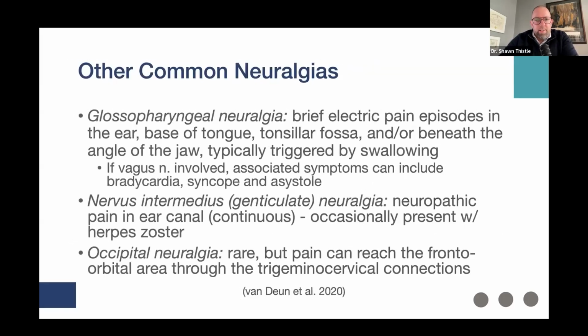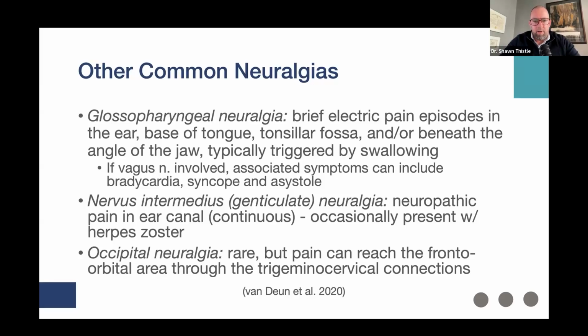Other neuralgias. Oh, God, there's other nerves that can do this. Remember, neuralgia is kind of a general term. Let's deal with glossopharyngeal neuralgia. That's cranial nerve number 9. If they have a neuralgia here, this is probably something you might never see.